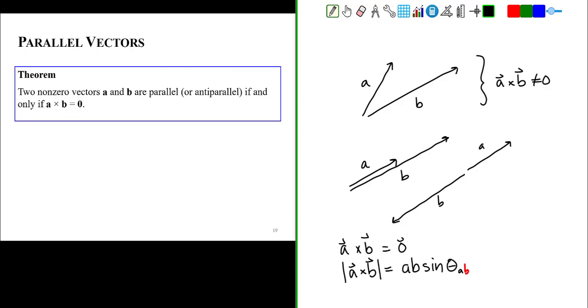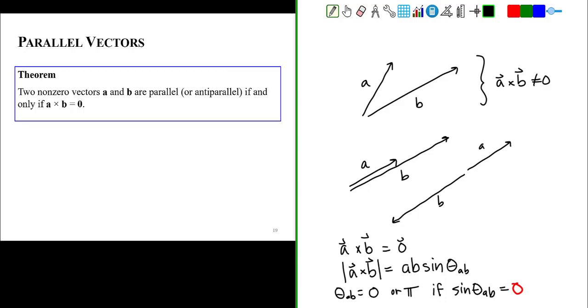Now, for vectors to be parallel, either the angle between those two vectors has to be zero or has to be equal to pi for the sine of the angle between them to be equal to zero.